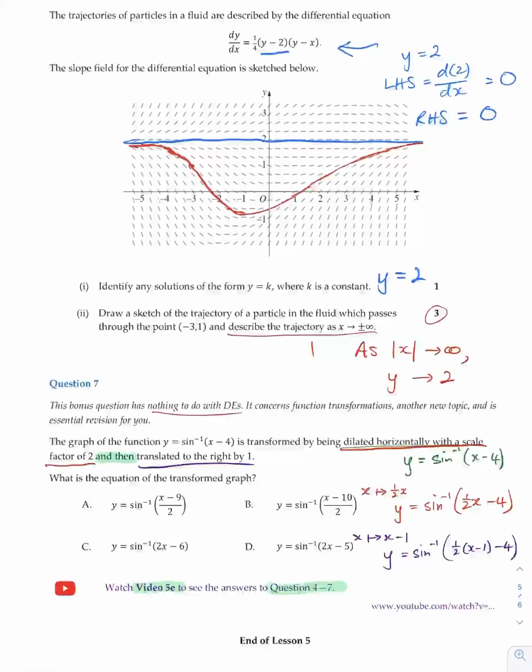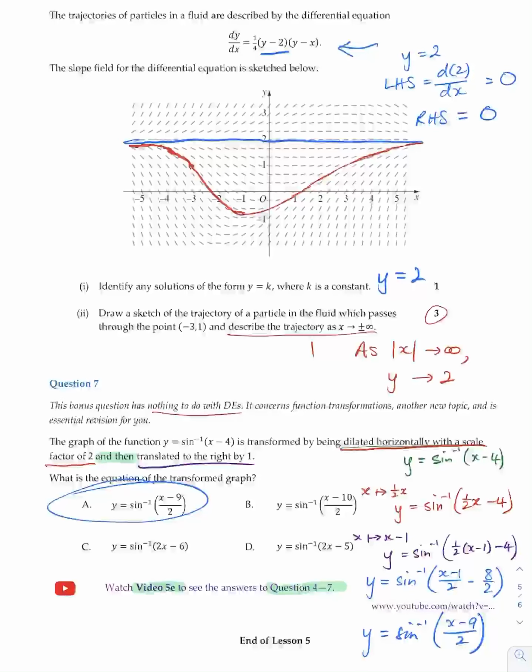Okay, and now we need to make it look like one of the options. So this is y equals inverse sine of x minus 1 over 2, and 4 is 8 over 2. So y equals inverse sine of x minus 9 over 2, it's a.